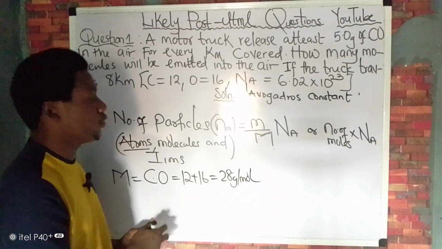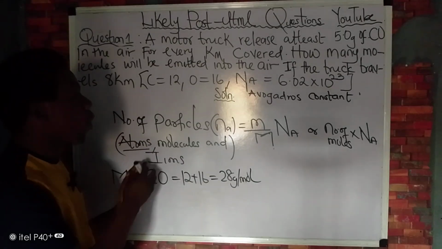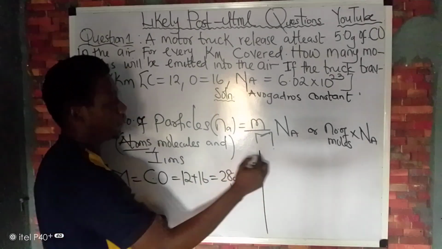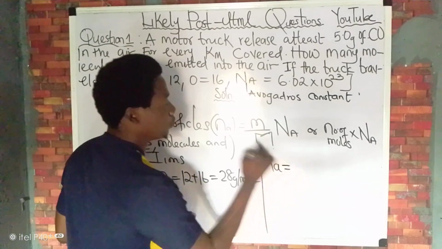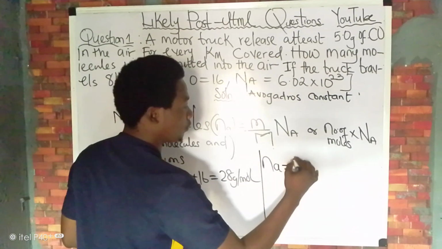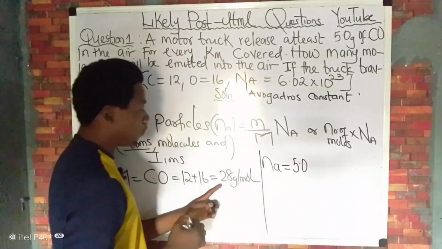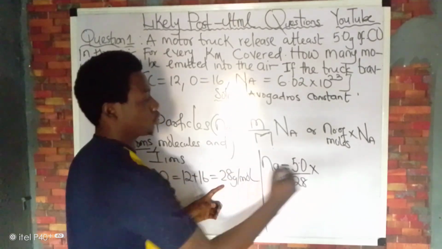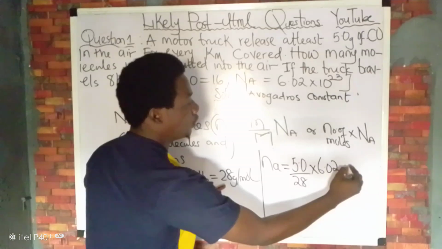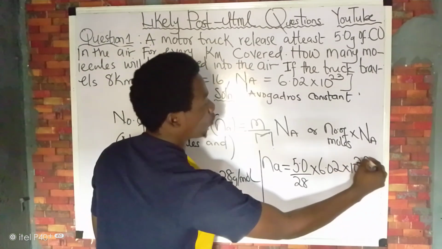So what do we have to do in order to calculate the number of molecules? This is what we have to do. Number of molecules is equal to mass, which is 5.0, over molar mass, which is 28, times our Avogadro's constant, 6.02 times 10 raised to the power of 23.